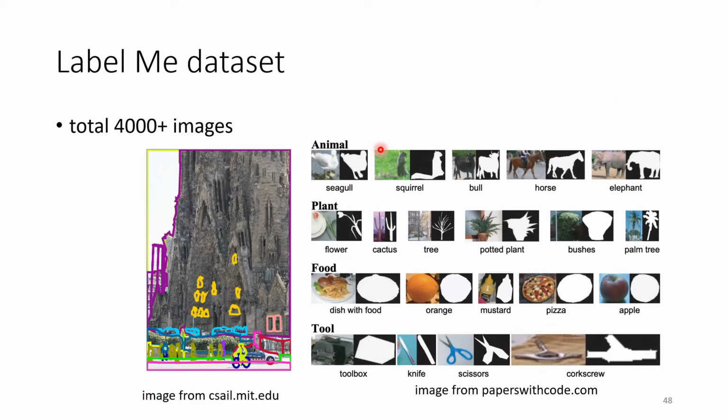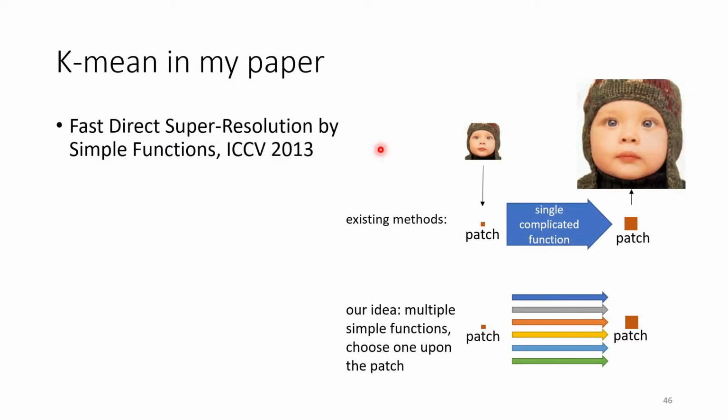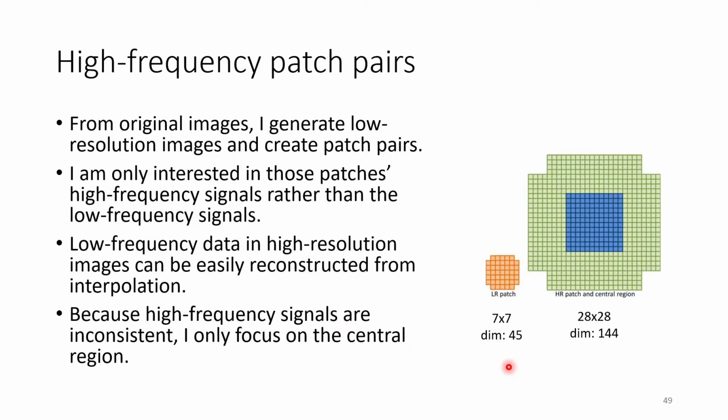So let's go back to the super resolution problem. My goal is to create those simple functions. How to do it? Because I have a lot of images, I can create low resolution images from high resolution images.